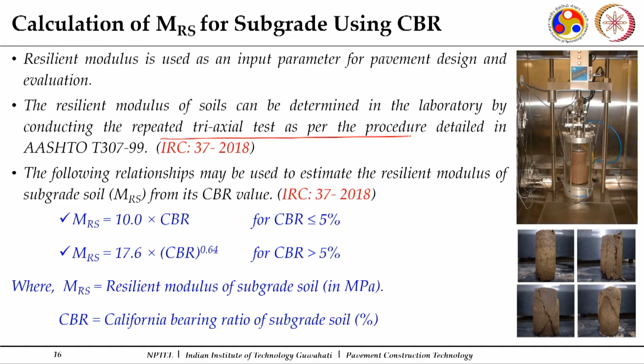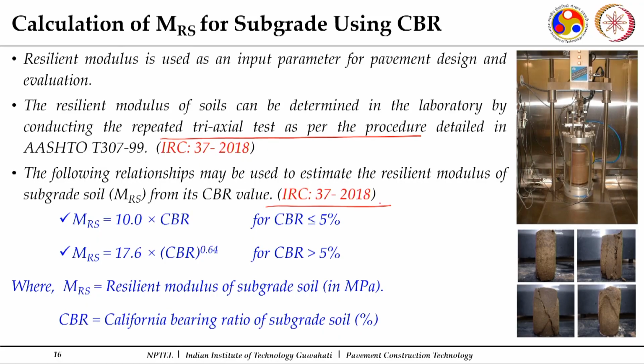In this triaxial test, normally stress is applied and resilient strain is measured. So, you get a resilient modulus, and that is used in the design of flexible pavements as per IRC 37:2018. But in most cases, it is time consuming. Many of the labs don't have this particular facility.